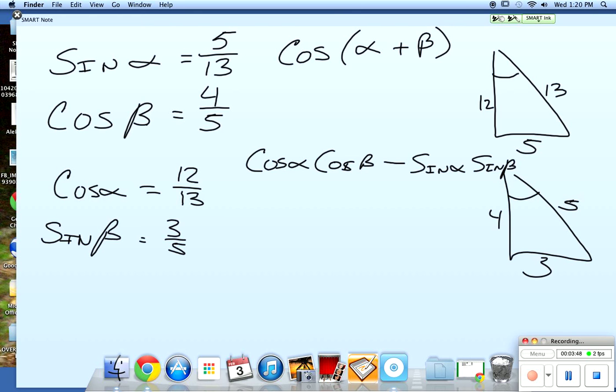Cosine of alpha is 12/13. Cosine of beta is 4/5. Minus my sine of alpha, which is 5/13. Sine of beta, which is 3/5.